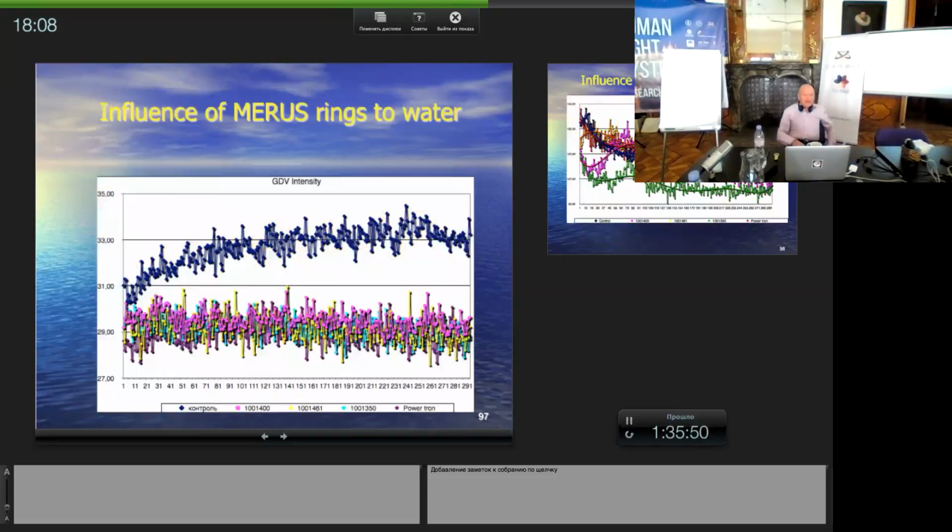Of course, there is also the influence of different devices on water. There is one company in Germany, a very rich company. What they do is devise rings of this size, huge slabs from a special material, and they sell them for hundreds of thousands of dollars. When ship owners put the slabs at the bottom of the ship in the cargo area, then in warm seas, corals don't attach to the ship.